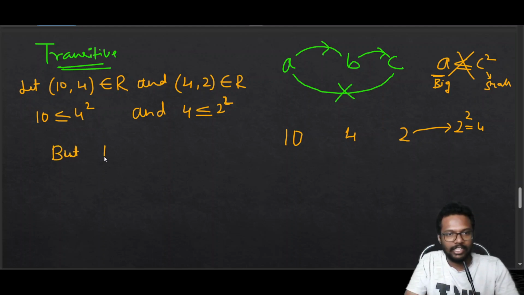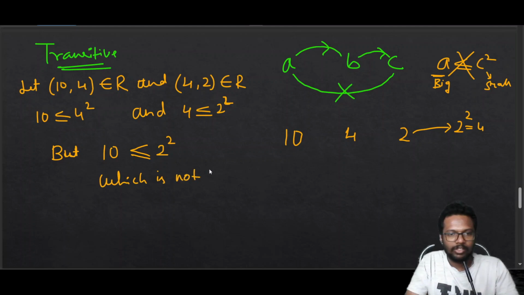So compare first and last now. The first is 10 and the last is 2, so C squared is 2 squared. You consider 10 less than or equals to 2 squared. It fails now, because 10 is not less than or equals to 4, which is not true.